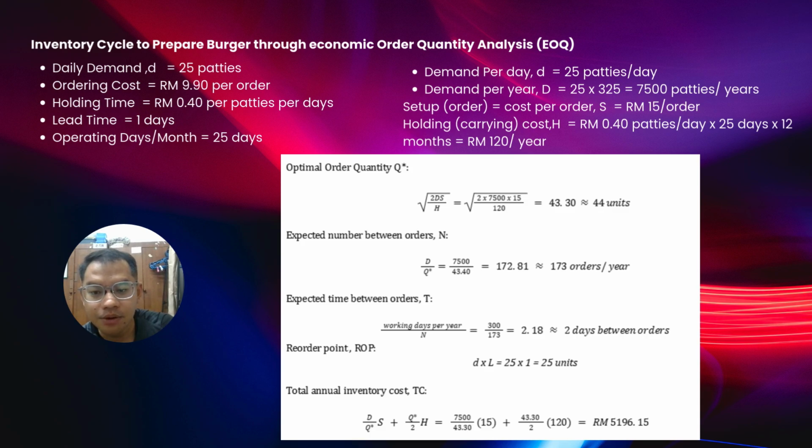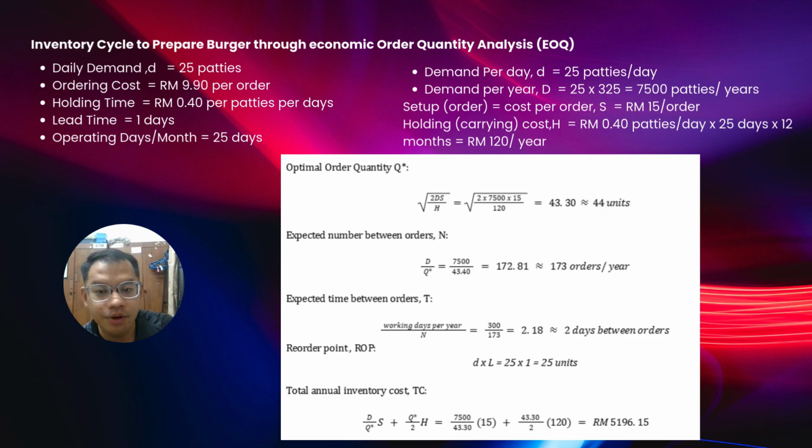The setup cost, which is cost per order, S is 15 ringgit per order. The holding cost is 40 cents per patty per day, which is 25 days times 12 months, we will get 120 per year.